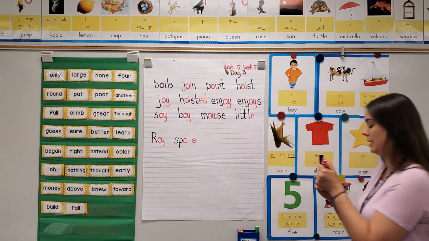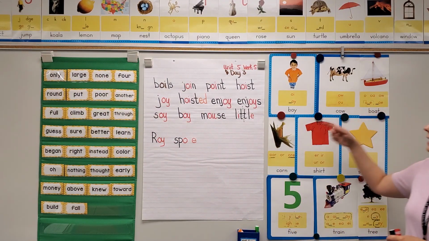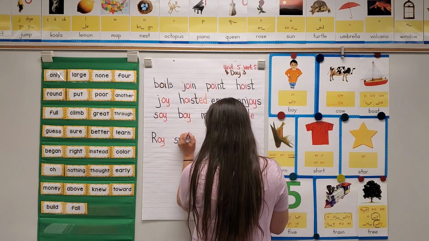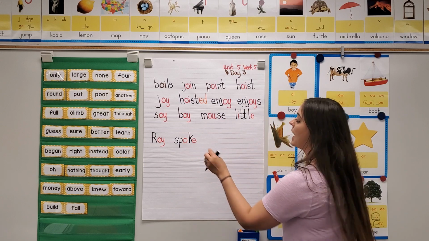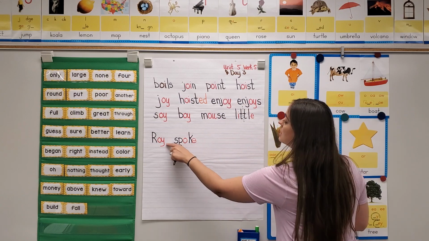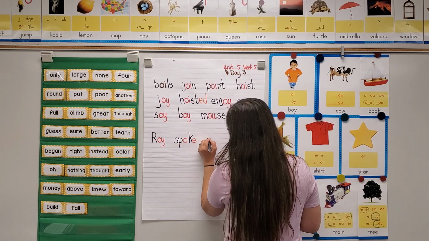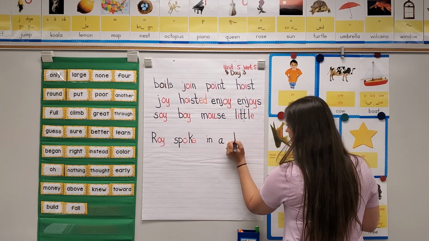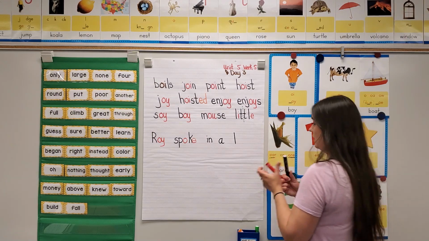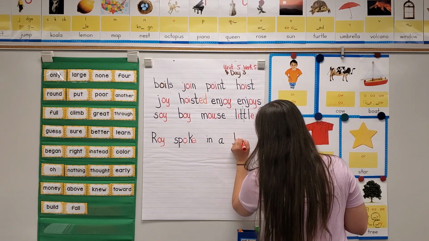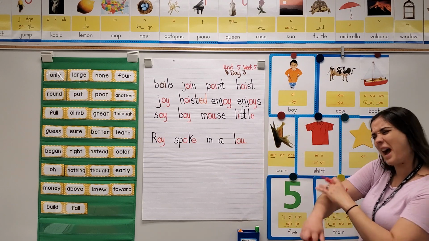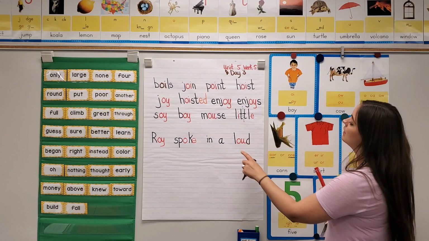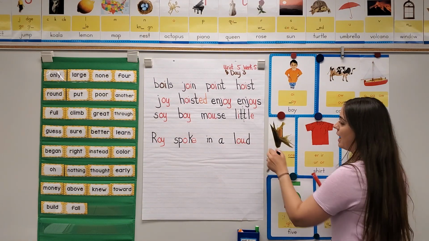Then Oblinky, taking it back, says that long O sound, spo. K says ka, spoke. Roy spoke. In. A. L says ol. O-U, ow. D says da, ow-d, loud.